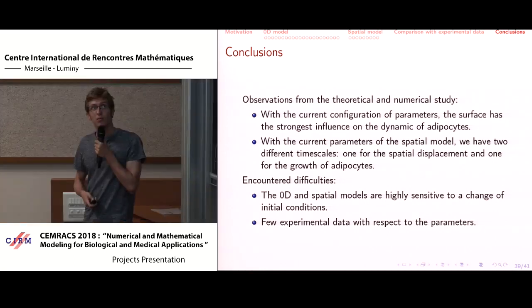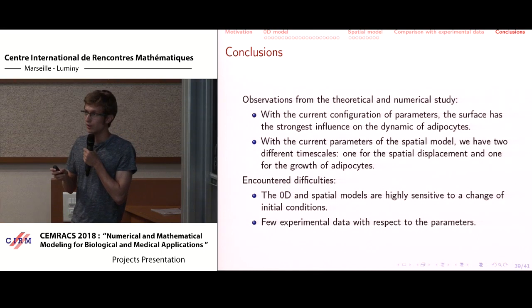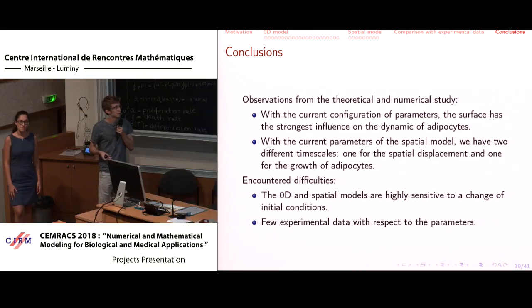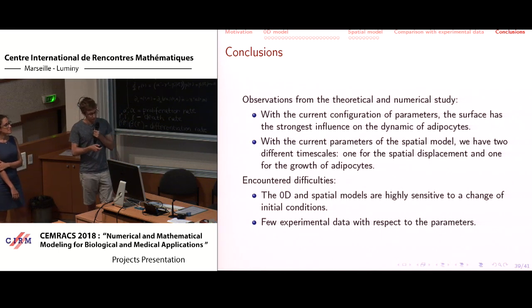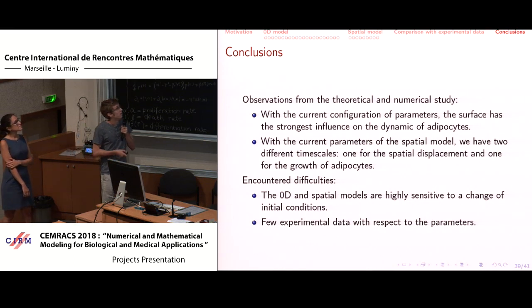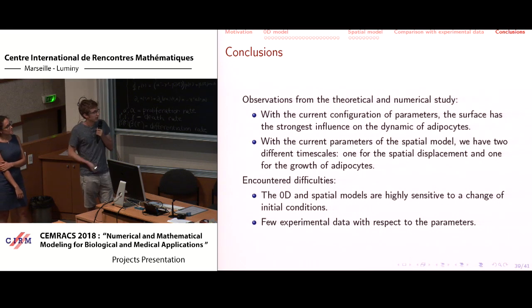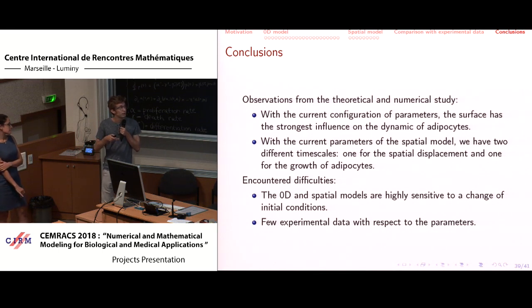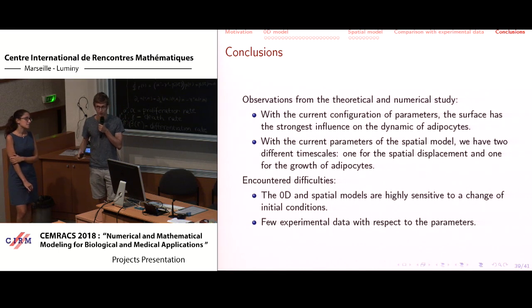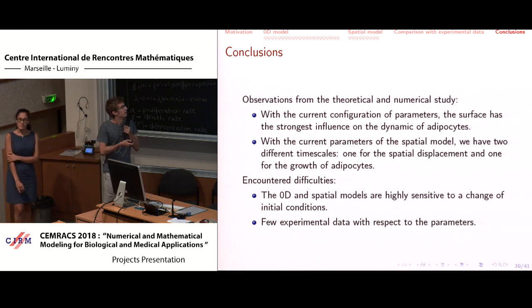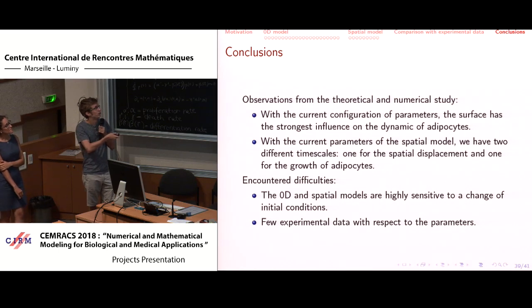It can be a problem because we have to choose very carefully the initial distribution of adipocytes in order to have a reasonable behavior of the model. For the spatial models, we always have two very different time scales between the spatial displacement and the growth of adipocytes. In particular, the spatial displacement is always very, very small.